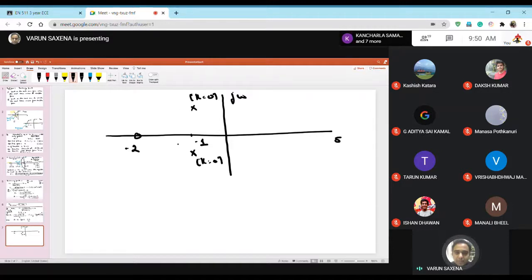Then we also know that out of the two branches, one branch has to terminate at the zero, and the other branch has to go to infinity because there is a zero. So that means we know that there are two branches, because n is 2.